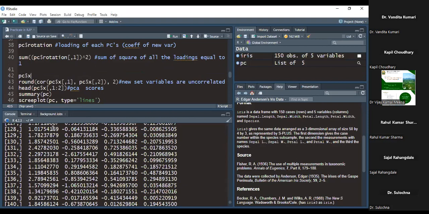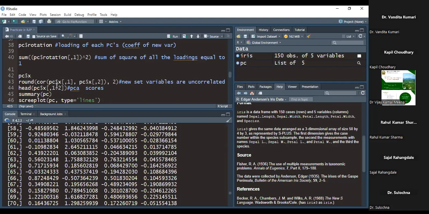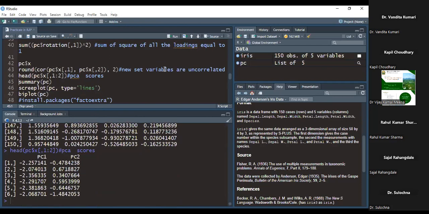So these two new principal components are uncorrelated. What we are going to see is the first principal component, the first column. See, the first column is principal component 1 and the second column is principal component 2. First and second are going to be uncorrelated.